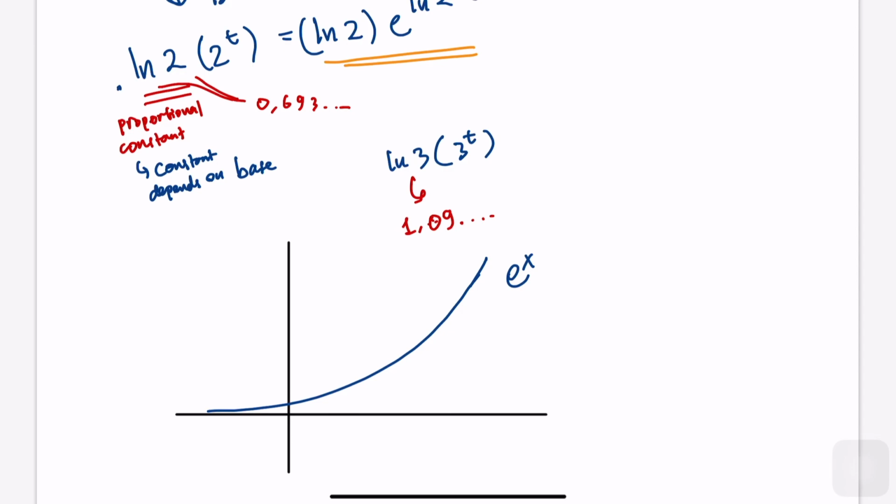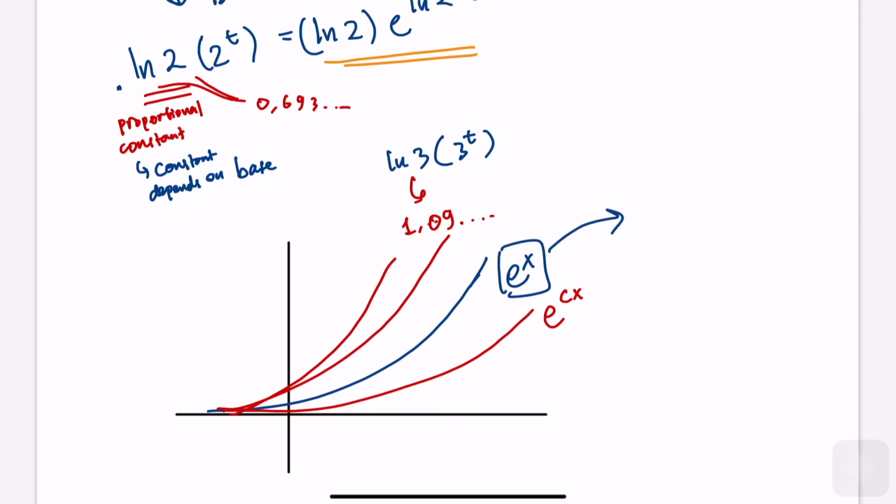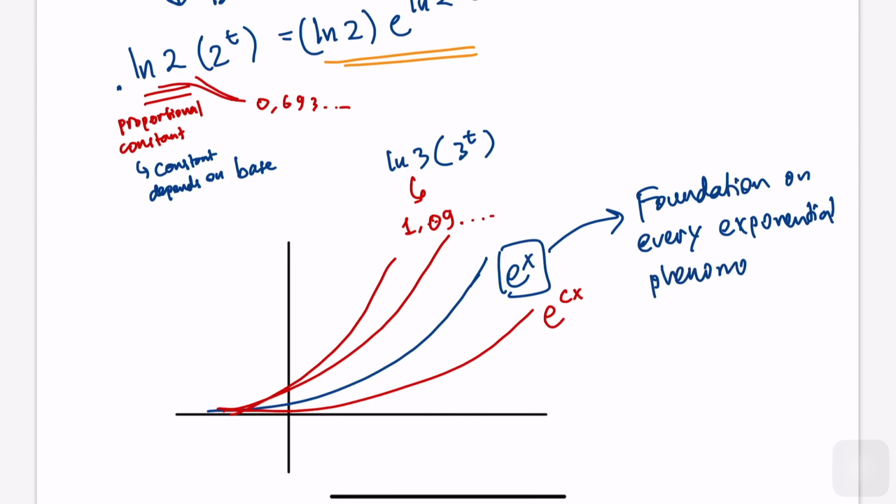And the other thing here, for example, is to take e and then take the constant and multiply it with x, e to the power of cx. That's why e becomes important, because it is the foundation of every exponential phenomenon.